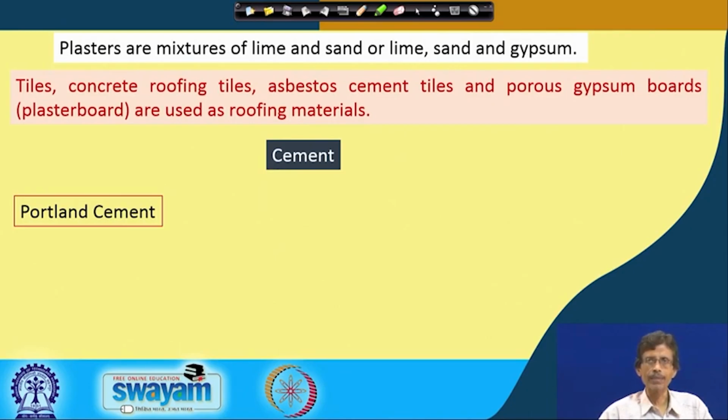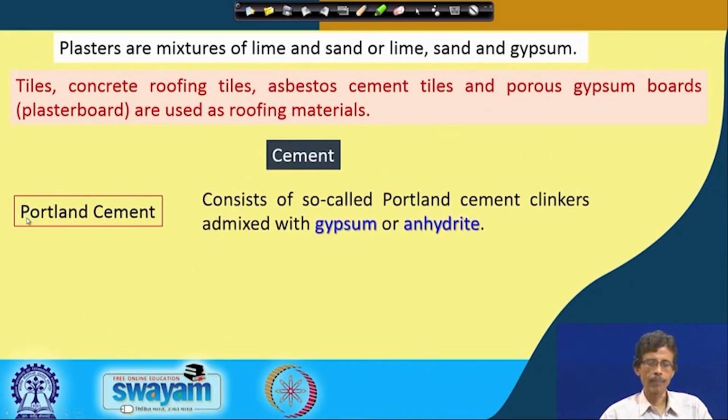When you get the slag material from the iron and steel works, from getting the pure iron from the iron ore, that slag material can be utilized for making the slag cement. Then fly ash from the thermal power plant can be utilized to give you fly ash cement. So the first one, the purest and most useful one, is your Portland cement.